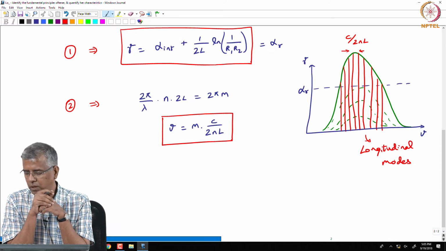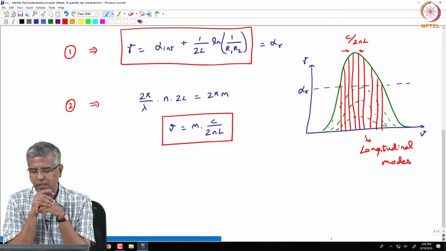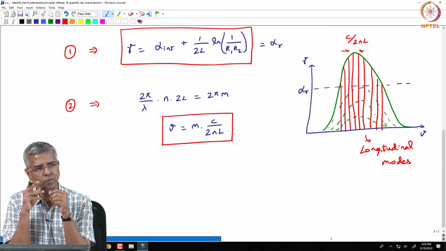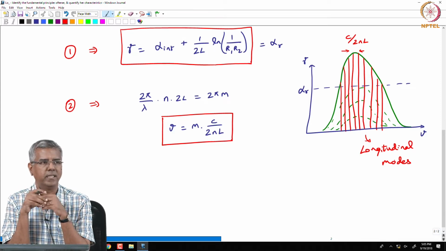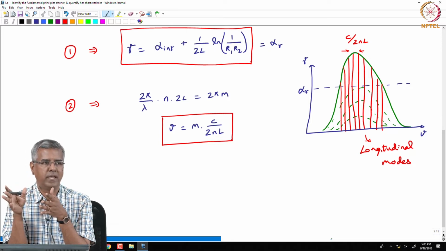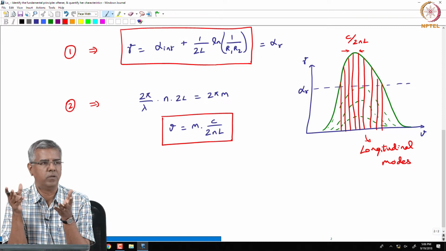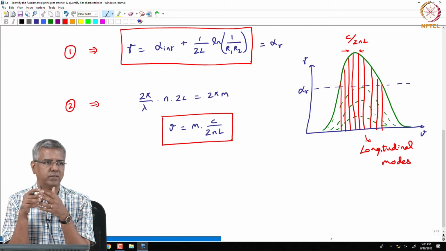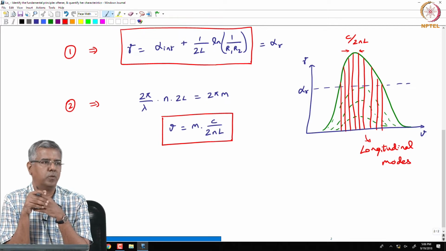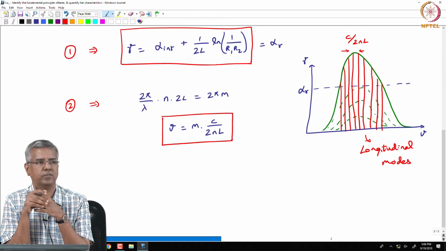So, the overall spectrum will be determined by those modes that are meeting the threshold condition. You look at the envelope of that and you look at the full width half maximum of that. That is what people look at as the spectral width. That is the total width that is occupied by all the longitudinal modes, right.